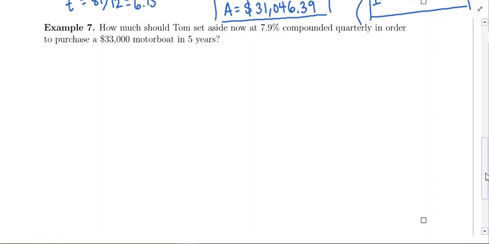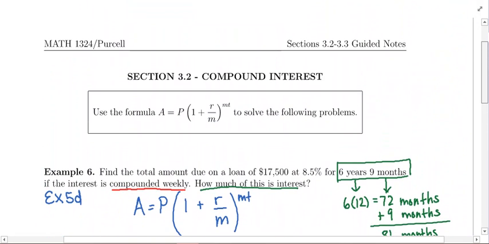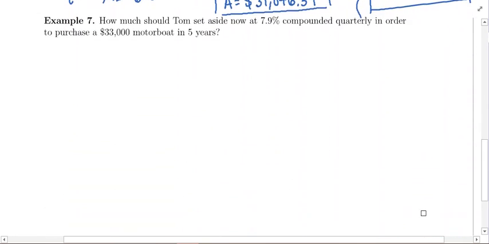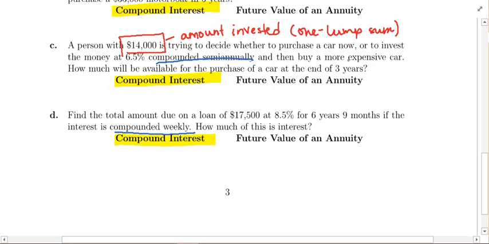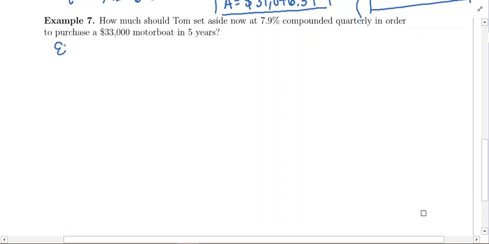This is a compound interest problem, under the directive of using this formula. If we flip back to example 5, this is actually example 5B, where Tom set aside the money for the boat. I'll write that on there in case you want to refer back to it.